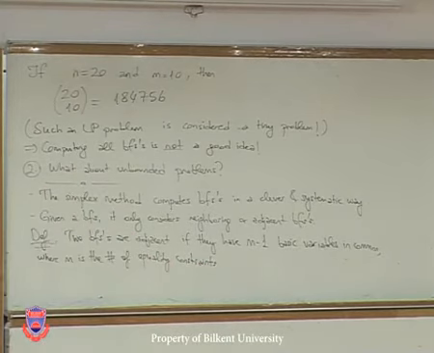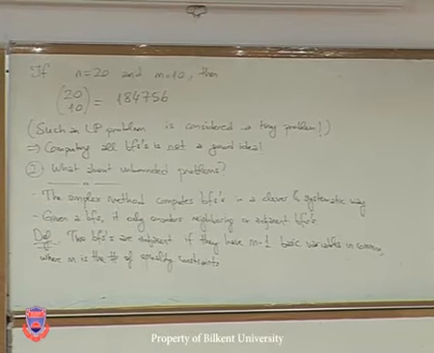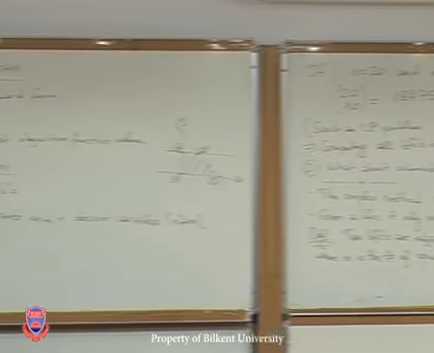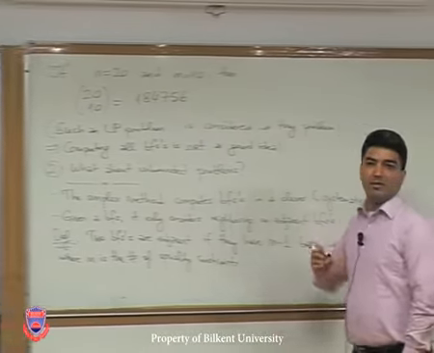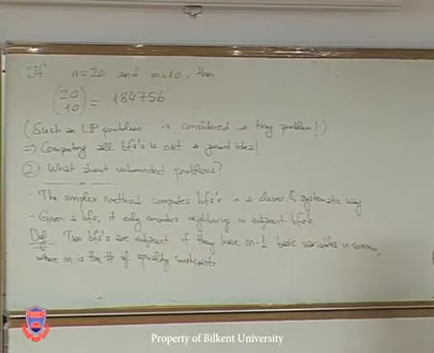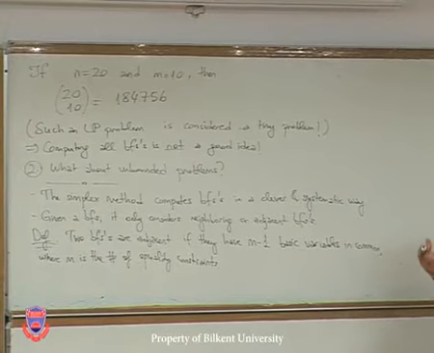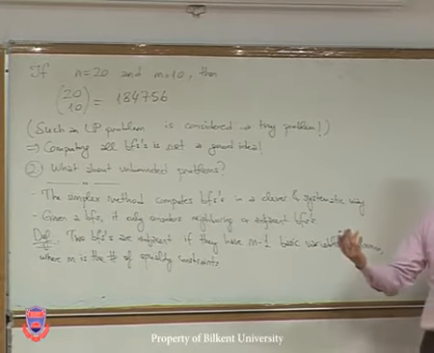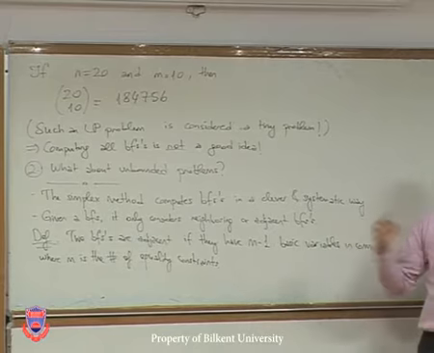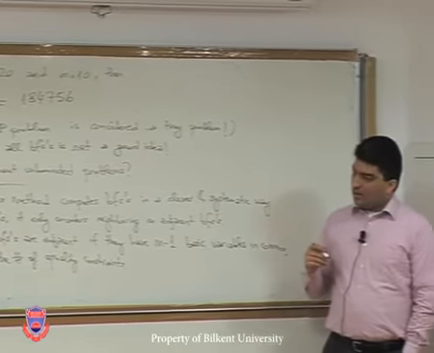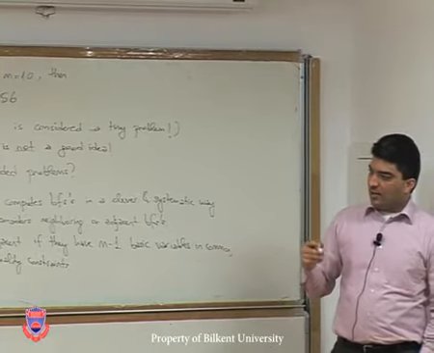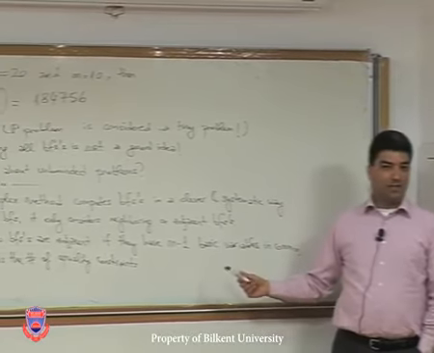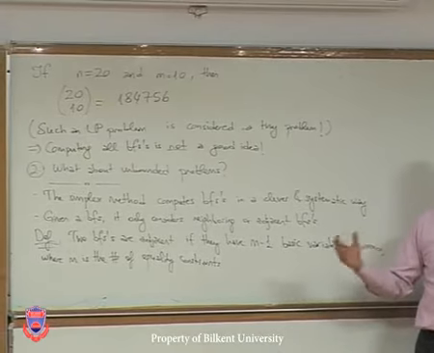What do I mean by this? We know that if I have m equations, then I need m basic variables. And for every choice of m basic variables, there may be a corresponding basic solution, depending on whether the matrix P is invertible or not. I'm going to call two basic feasible solutions adjacent if they share m minus 1 basic variables in common, so only one basic variable is different.